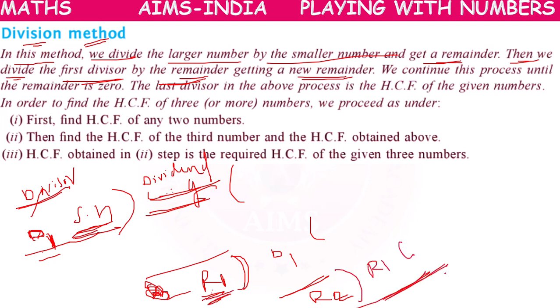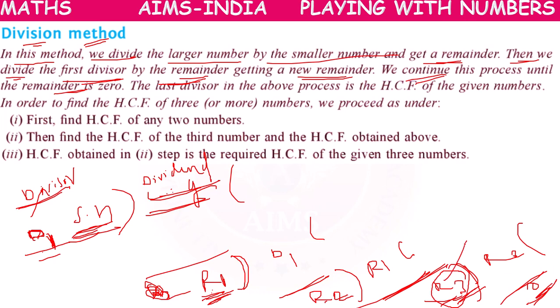Again we divide, and remainder R3 comes. Like that until 0. We continue this process until the remainder is 0. The last divisor, with which the remainder is 0, is considered the HCF of the given numbers.